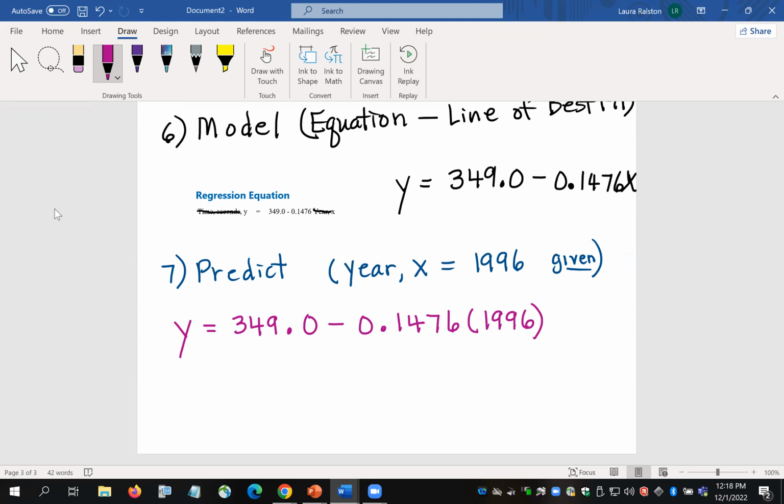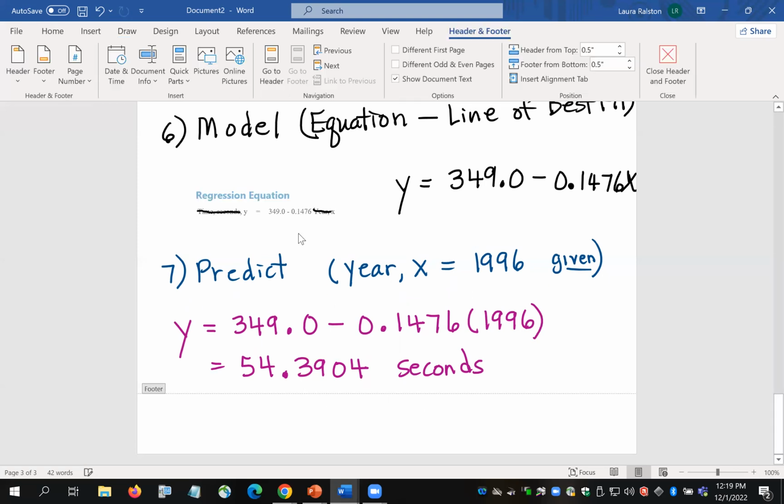Okay, so I have 349 minus 0.1476 times 1996, which is 54.3904. So in 1996, the time would have been approximately 54.39 seconds based on our model. And that may not have been what it actually was, but again, that's based off of our model.